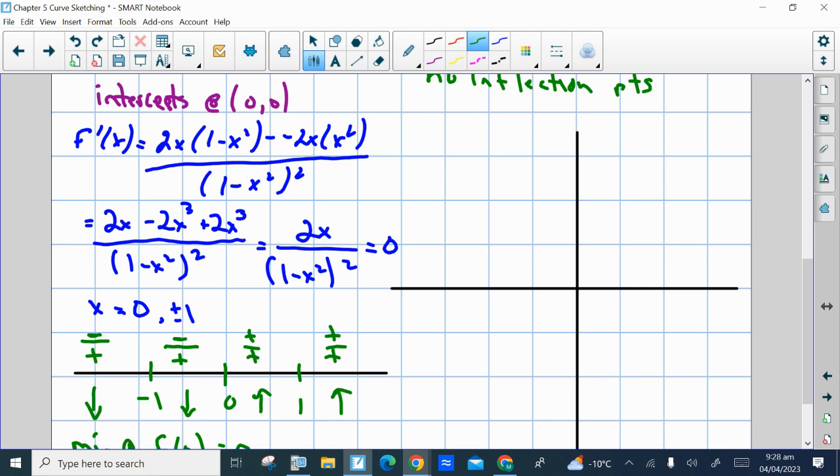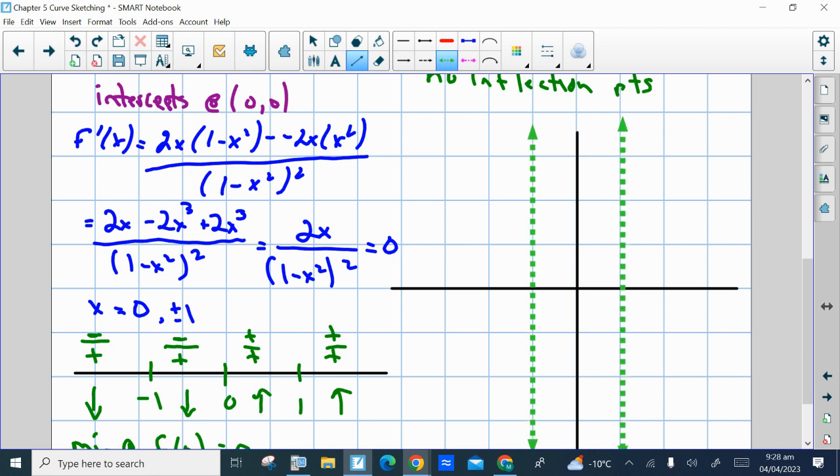We do know that we have vertical asymptotes at plus and minus 1. We know that we have an intercept at 0, 0, which is also the location of a minimum point. We have a horizontal asymptote at y equals -1.